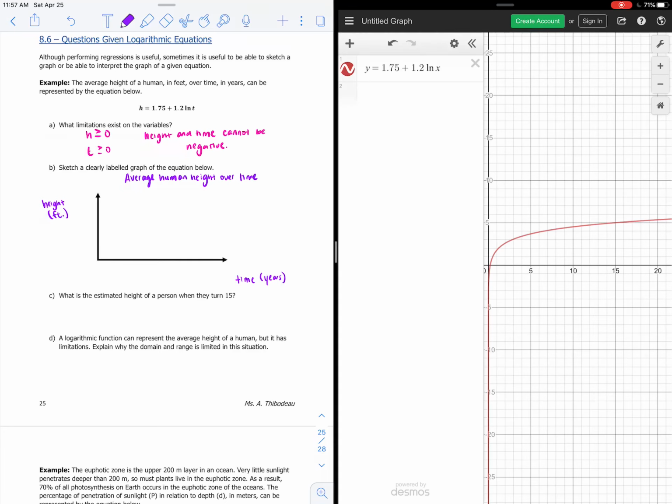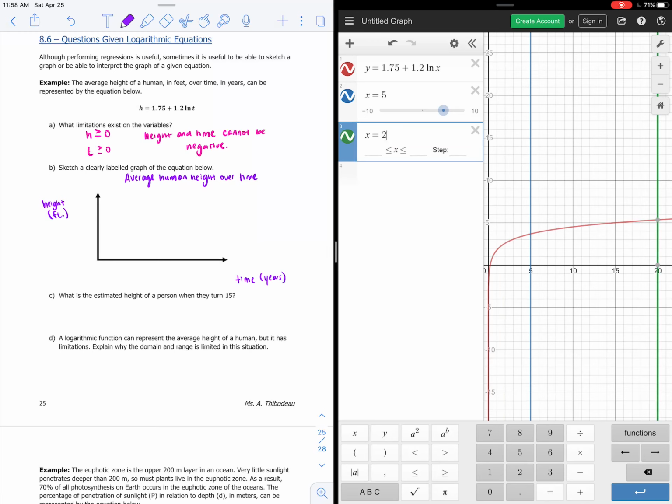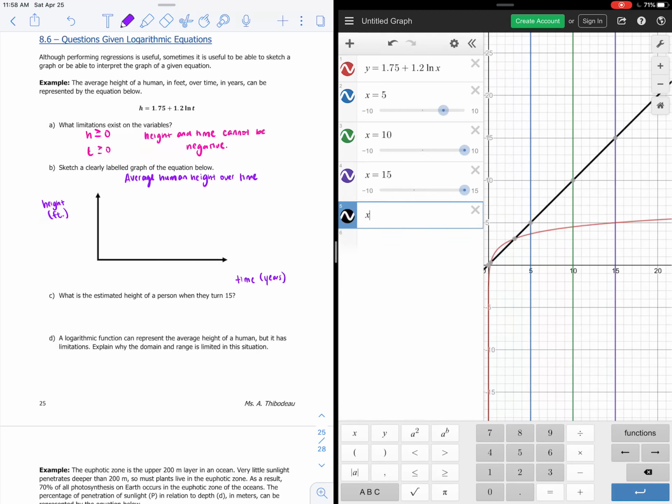And it doesn't say how much we have to graph here, but what I'm thinking is maybe let's do a decent amount of years. So maybe let's do x is equal to 5. Let's maybe go up to 20. So x is equal to 10. Just get some key points here. X is equal to 15. X is equal to 20.